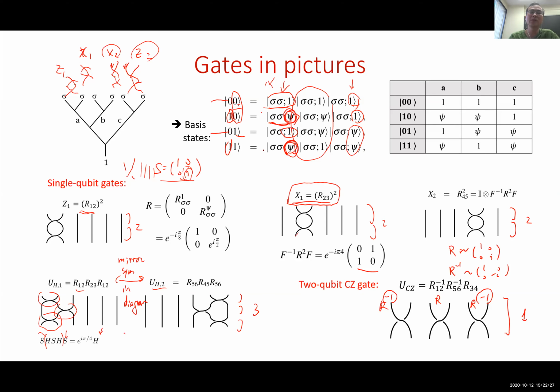So you can see that the S1 gate, the phase gate, on logical qubit 1 is just braiding 1 and 2, right? It's quite obvious because the psi here is where the non-trivial phase factor will give.